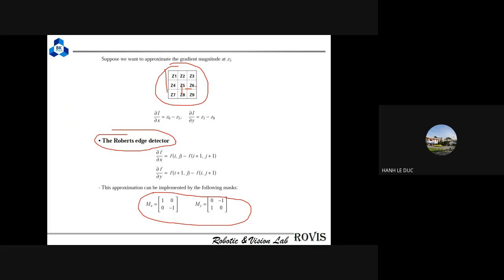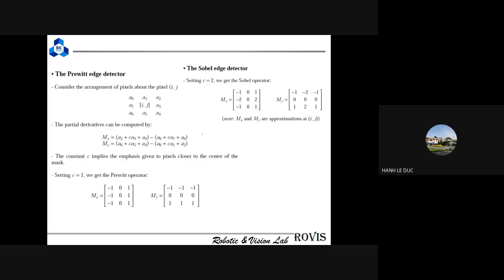This is the Roberts edge detector. And if you apply this equation with C equal to 1, you have the Prewitt edge detector, and C equal to 2, you have the Sobel edge detector.